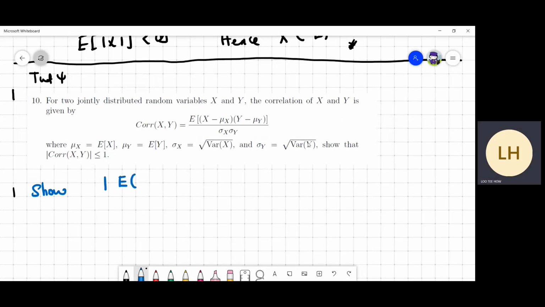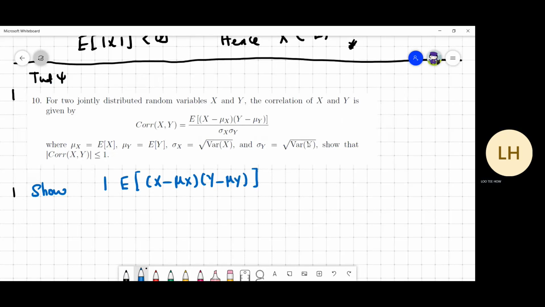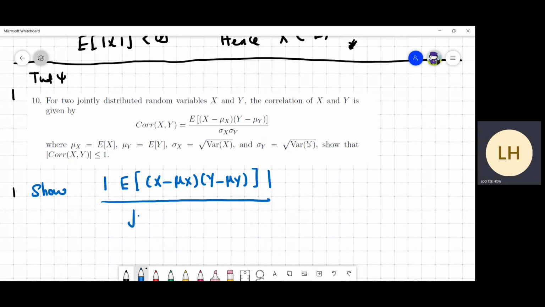Modulus of E of (x minus mu x)(y minus mu y), divided by the square of the gradient of x multiplying... Okay, maybe we can bring this over there.